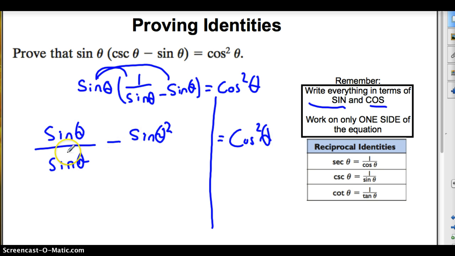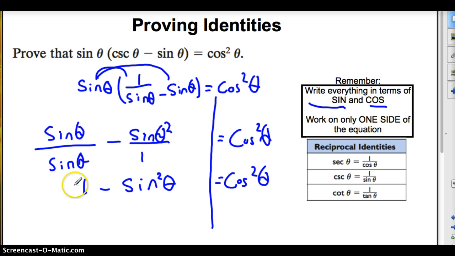Now we got to add these. Ooh, well, let's see. This is over 1. And how are we going to add these? Well, we know that sine theta over sine theta is 1, so I'm just going to say 1 minus sine squared theta equals cosine squared theta.